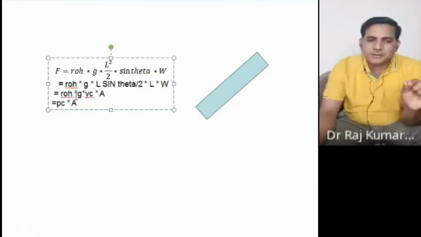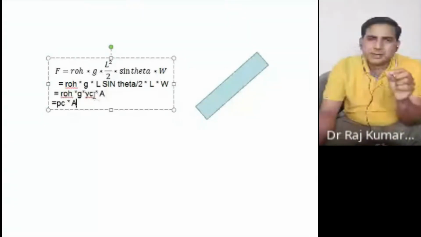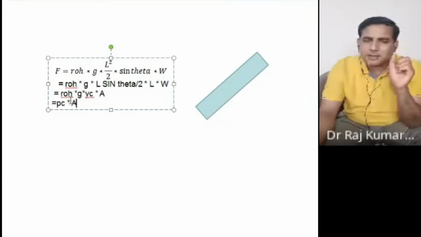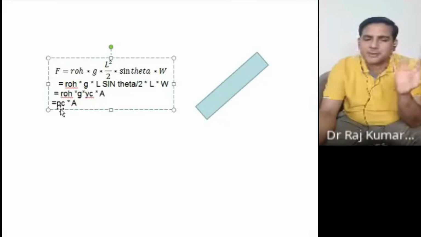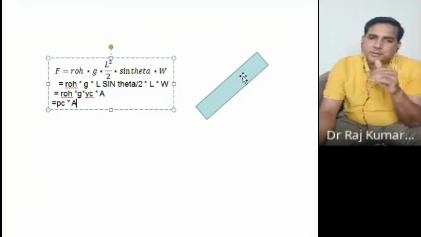So this is just the simple formula of rho gh, right? Yes or no? Instead of h it is now YC, the centroid coordinate from the free surface. So this pressure is called pressure at the centroid, PC. We gave the new name PC into A. Now the area of this particular gate remains the same.